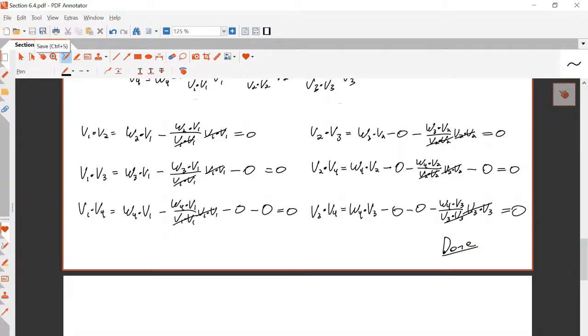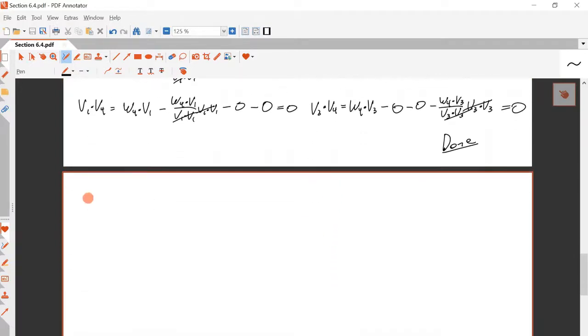So let's do an example. Consider the span. W1 equal to 1, 1, negative 1, 0.